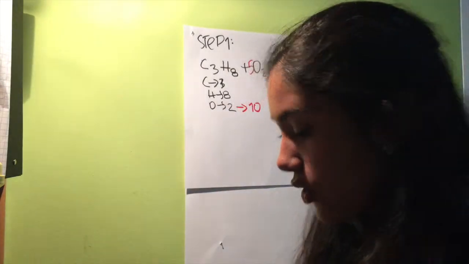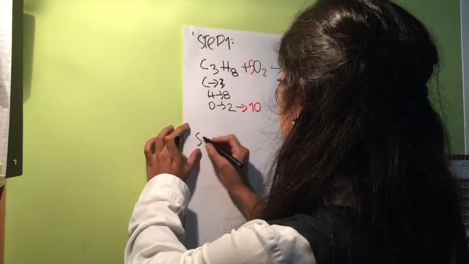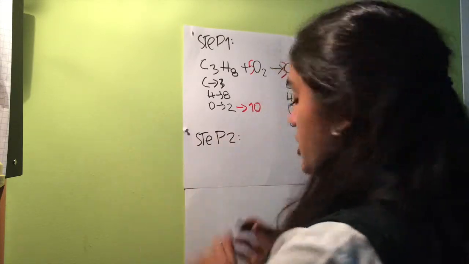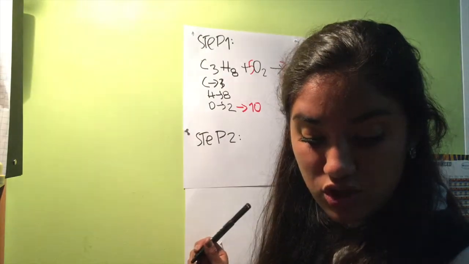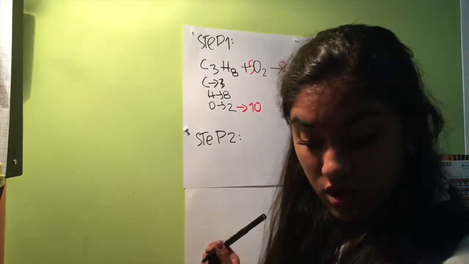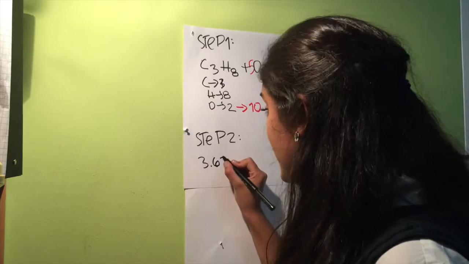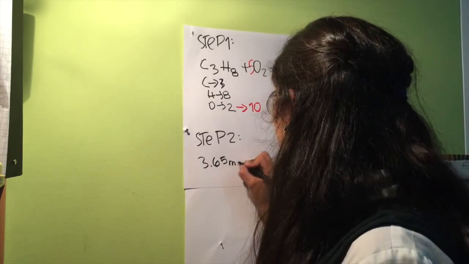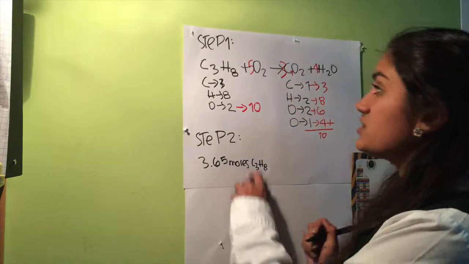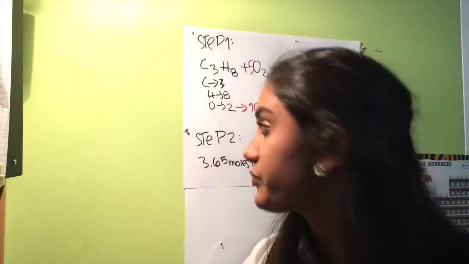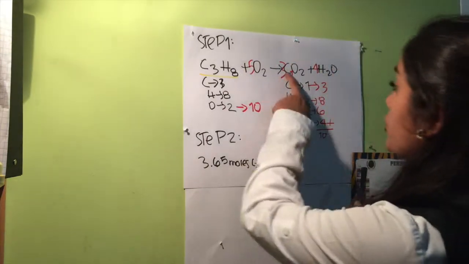So we are going to write 3.65 moles of C3H8. As you can see, it is the same one as we have up here. Now we are going to use the one we have here.